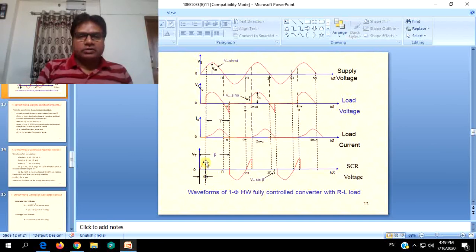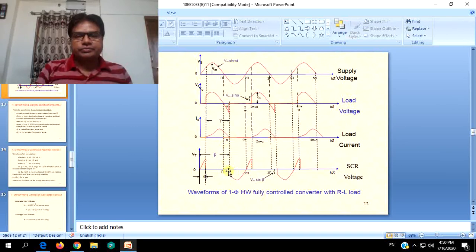Once it is turned on at an angle alpha, it conducts and acts like a closed switch, and the voltage across that SCR will be 0 till the current through it becomes 0.